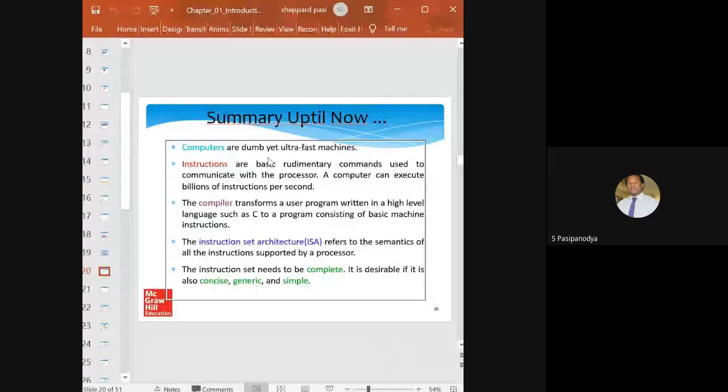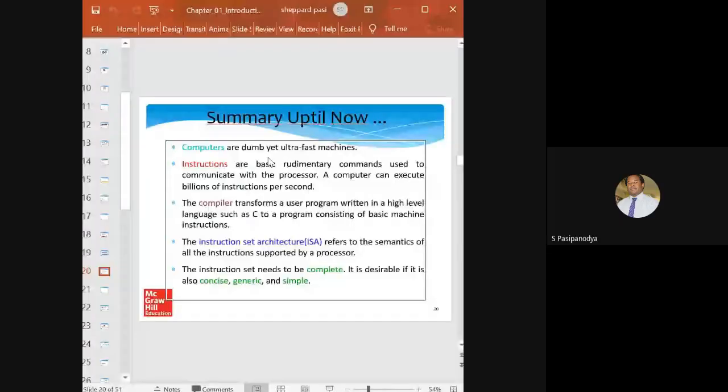We also realize that instruction set architectures are just the semantics of all the instructions supported by the processor. They need to be complete, concise, generic, and simple, which are all fundamental characteristics of an instruction set.